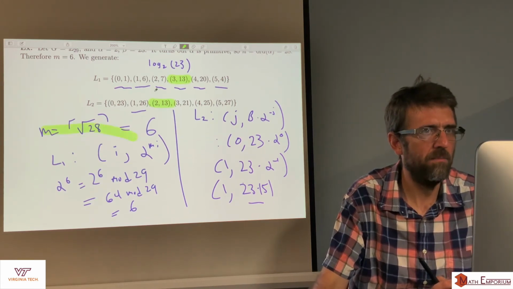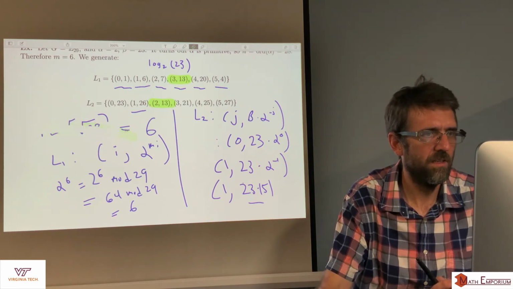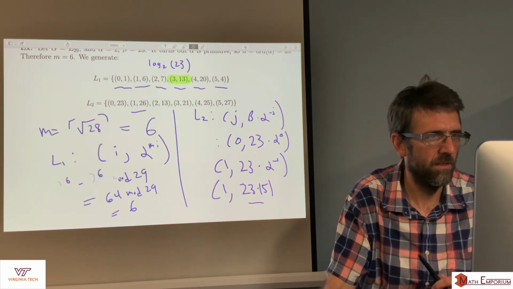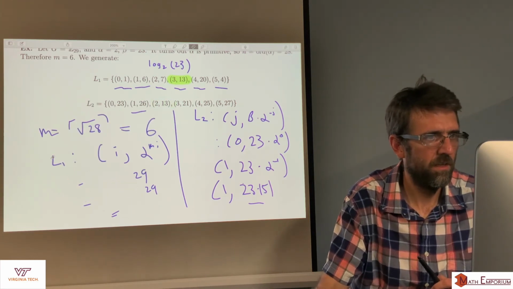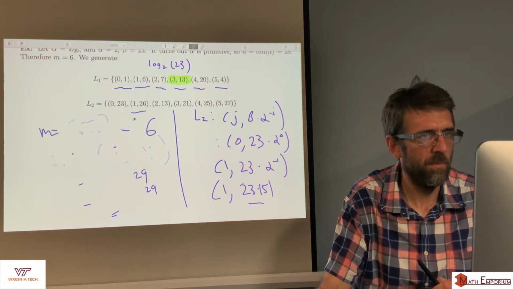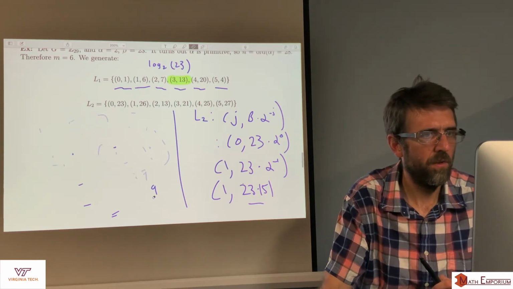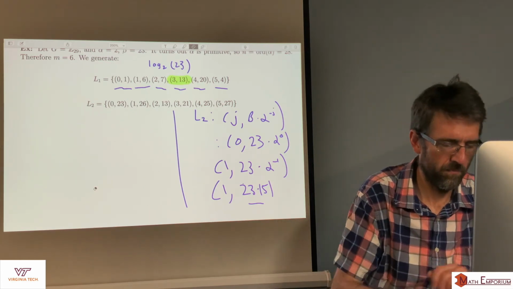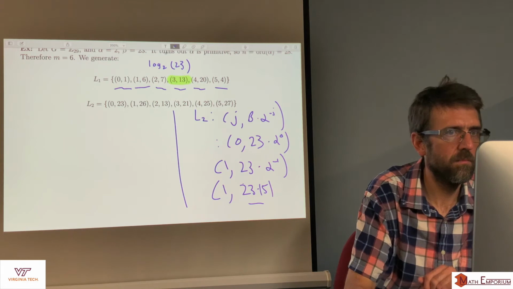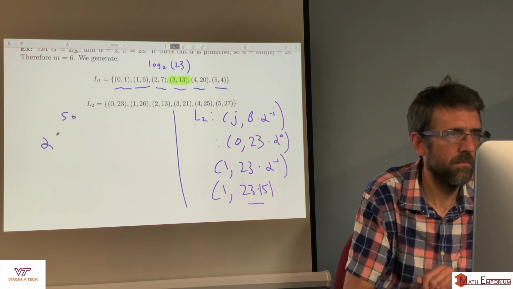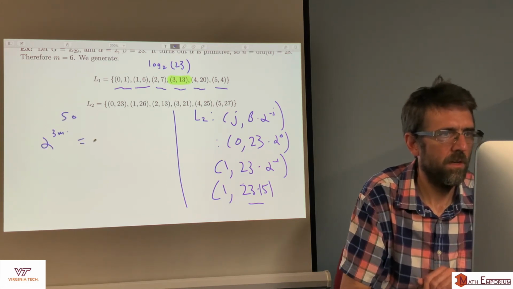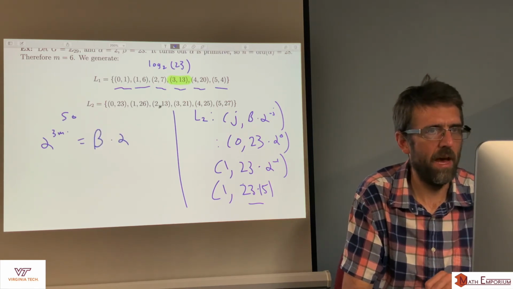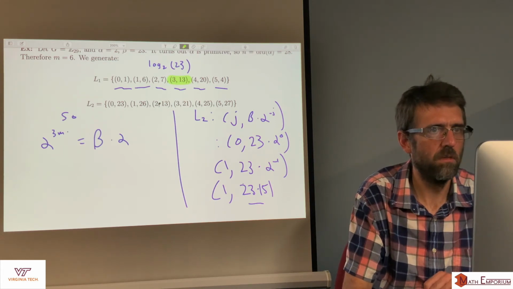So what does that tell me? Well, that tells me that alpha to the 3m is equal to beta times alpha to the negative 2.